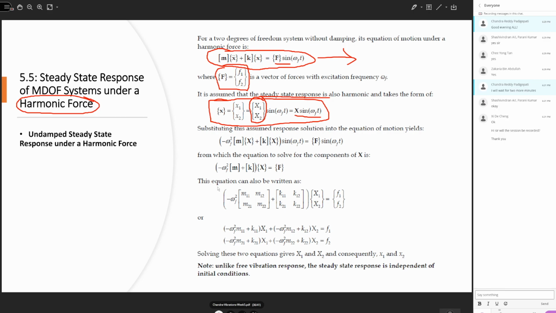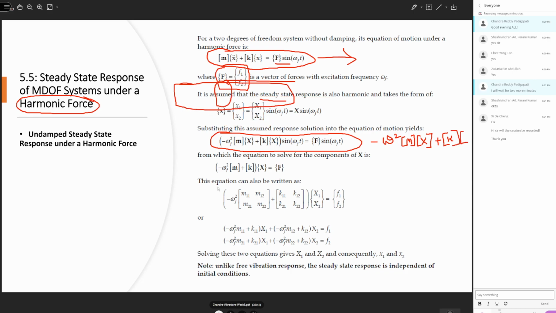Now to get the solution, you need to write minus omega square m x plus k x is equal to F. Unlike the free vibration response, where we wrote minus omega square times the mass matrix multiplied by the displacement matrix, plus k x, equal to 0, here instead of 0 we now have the force matrix.